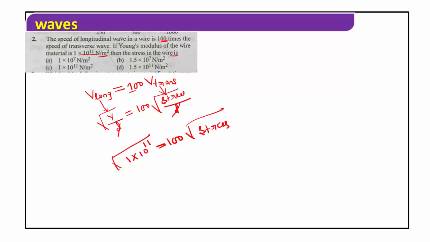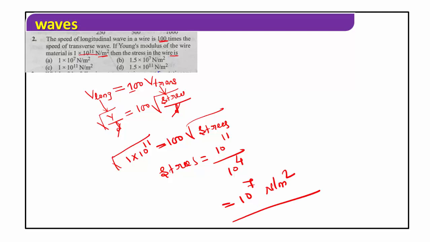We need to find the stress in the wire. Therefore, stress is equal to 10 to the power of 11 divided by 10 to the power of 4, since root into root gives 10 to the power of 4. Therefore 11 minus 4, that is 10 to the power of 7 Newton per meter square. Stress in that wire is 10 to the power of 7 Newton per meter square.